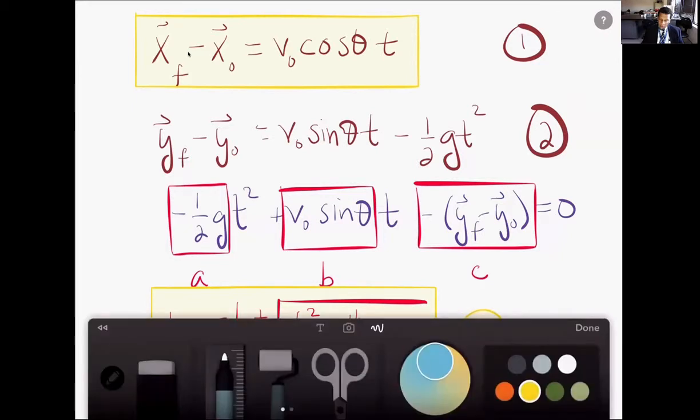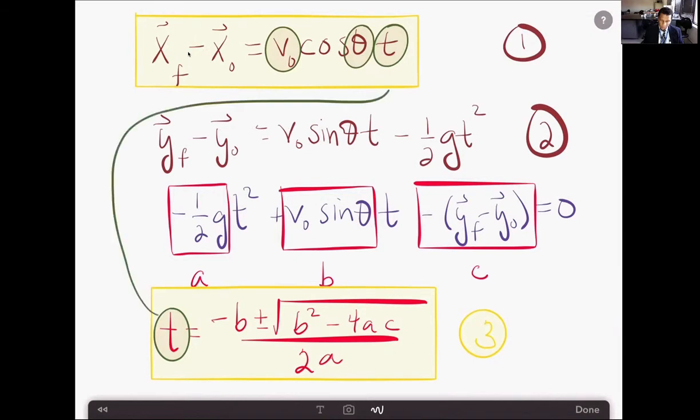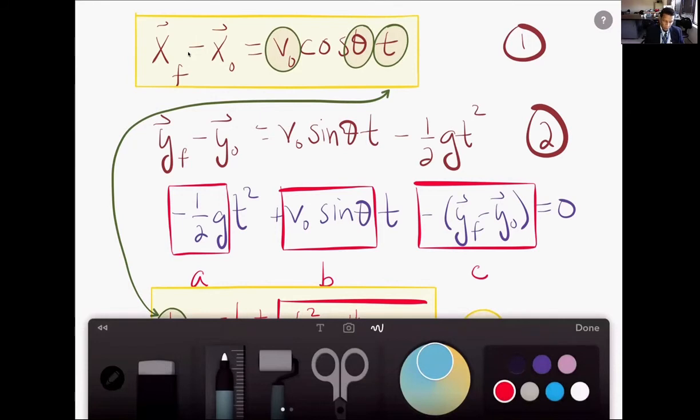So provided we know our initial velocity, which is what we calculated last time, our angle of launch, which is going to be 20 degrees, and our time of flight, which is going to come from here, then we can predict the range. And that is where we want to stop, at predicting the range.